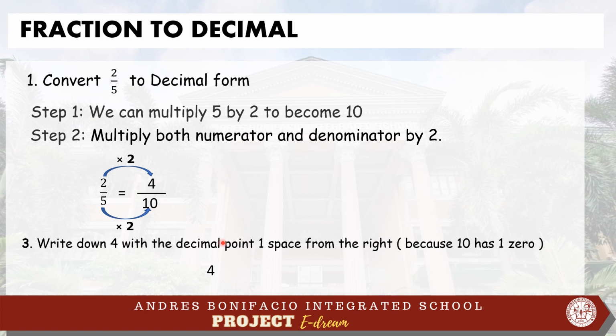And then we are going to move the decimal point one space going to the left. So, mula dito sa right natin, magmo-move tayo ng 1 space papunta sa left. So, we come up with 0.4. So, therefore, 2/5 is equal to 0.4.